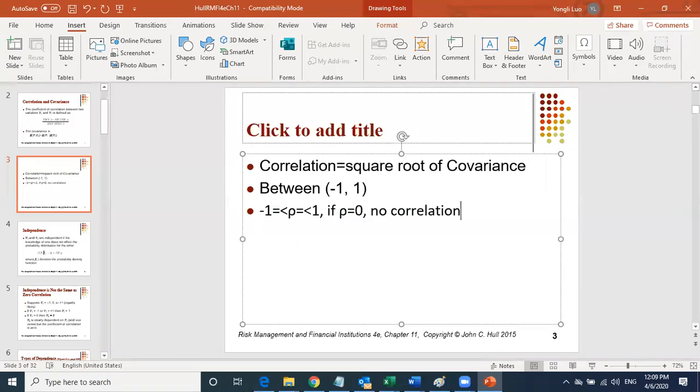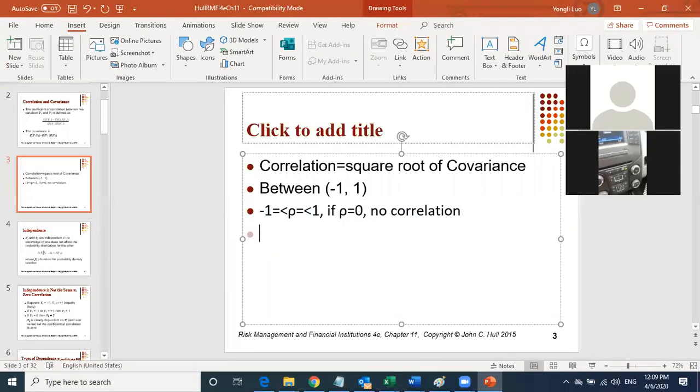Remember, if you want to have a good portfolio, you don't want those variables to be highly positively correlated.